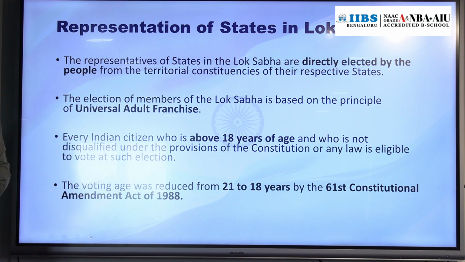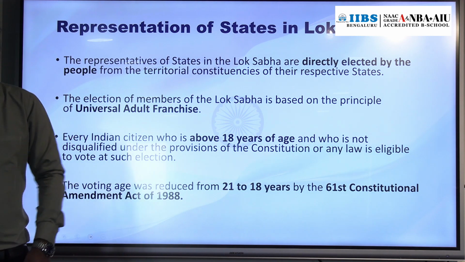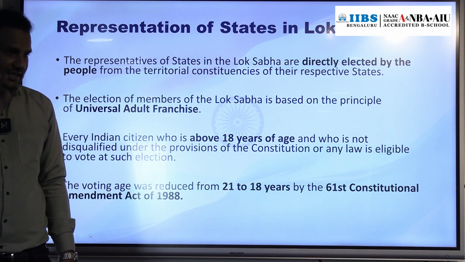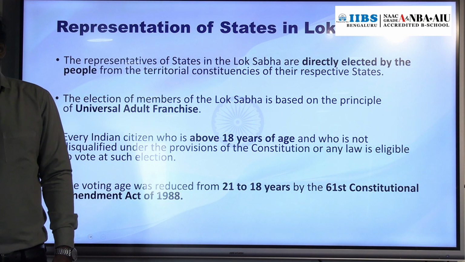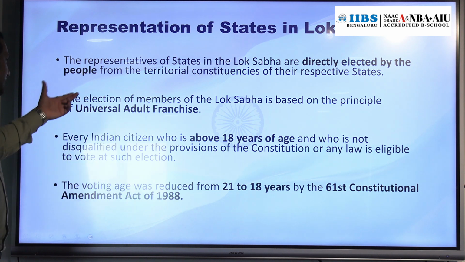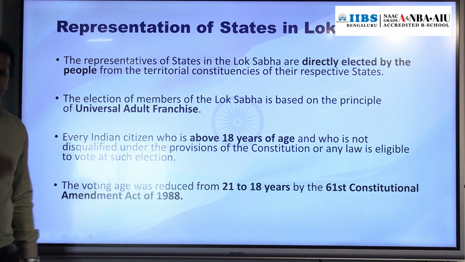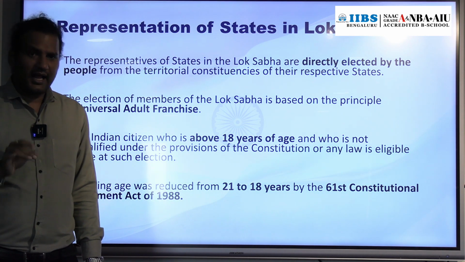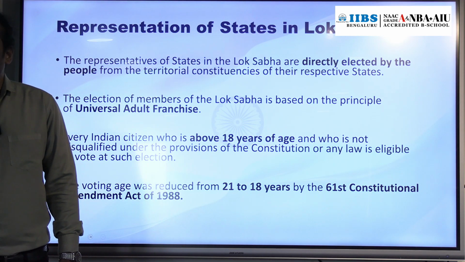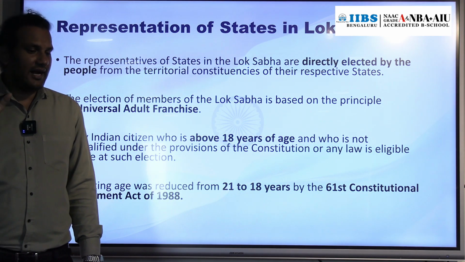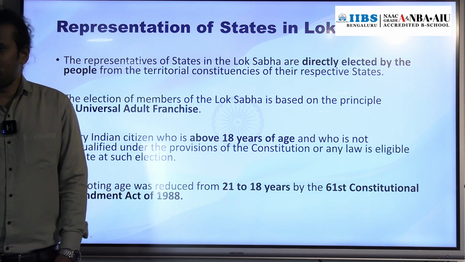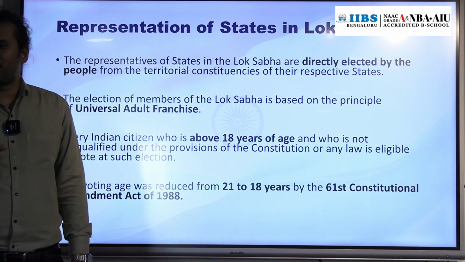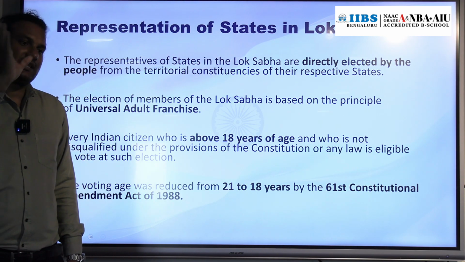The principle here is universal adult franchise. That means a person after attaining the age of 18 years is eligible to vote. At present, any person who has attained the age of 18 years and is not disqualified under any law from voting can elect the MP from their respective territorial constituency.